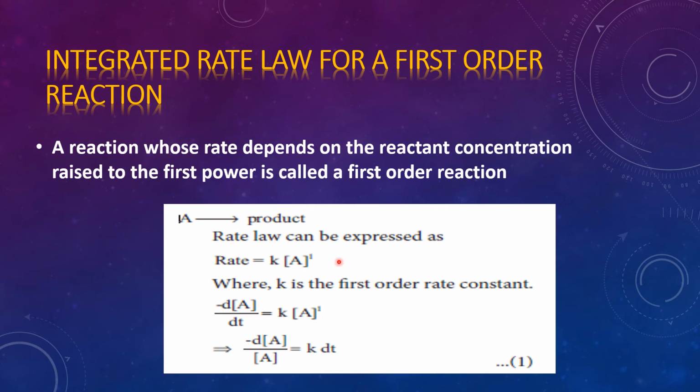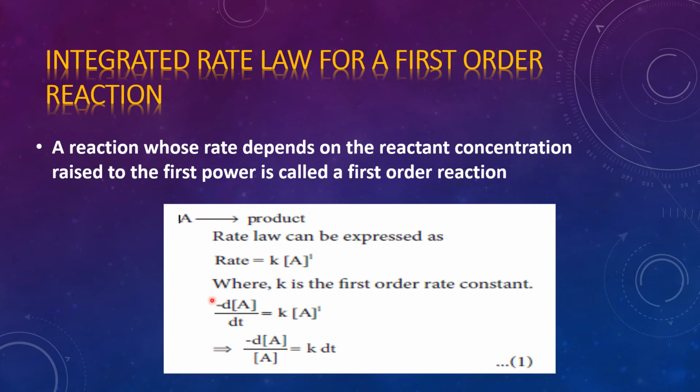The rate law: rate is directly proportional to the concentration of A. I can add a proportionality constant here: rate equals k[A]. Only one reactant is there, so it is first order kinetics, where k is the first order rate constant.